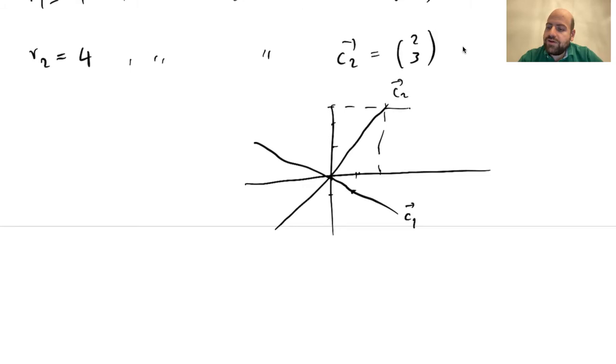C2 has a positive eigenvalue, so it gets farther and farther from the origin. C1 has a negative eigenvalue, so it's closer and closer to the origin. And in between looks like this.